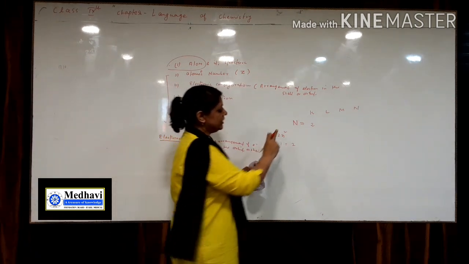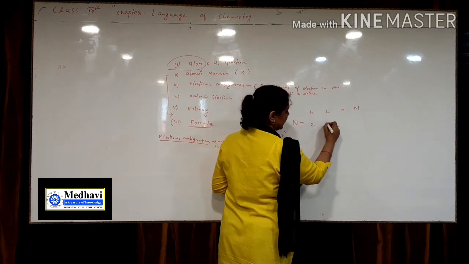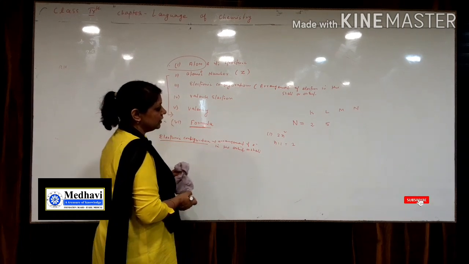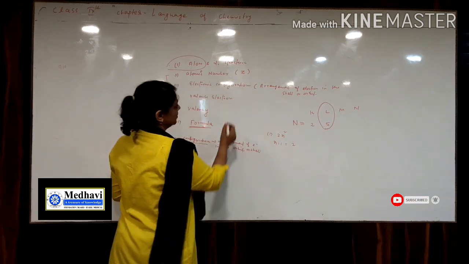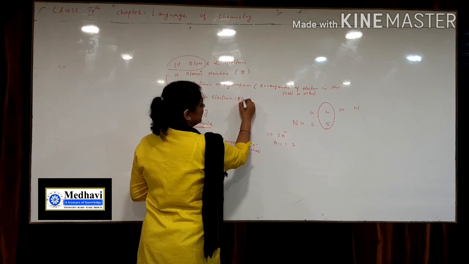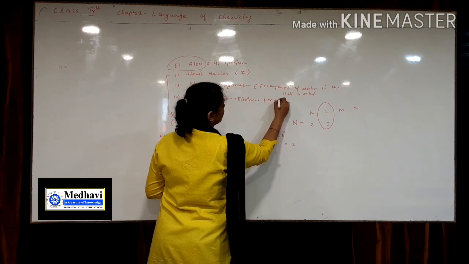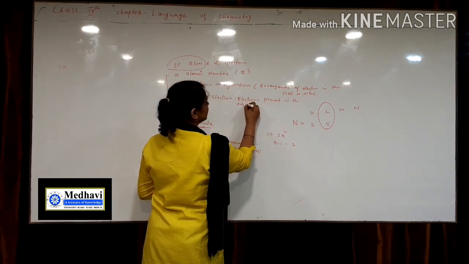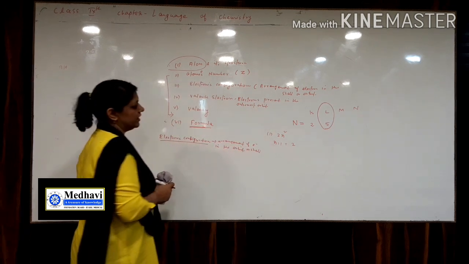So, for nitrogen we can put 2 electrons in the first orbit and it has 5 in the second. These electrons are called valence electrons, that is, electrons present in the outermost orbit or shell are called valence electrons.